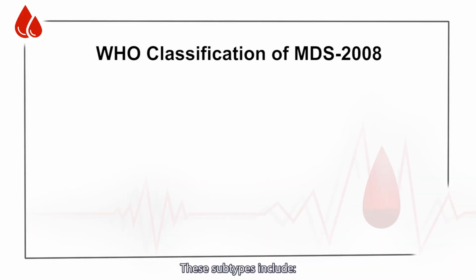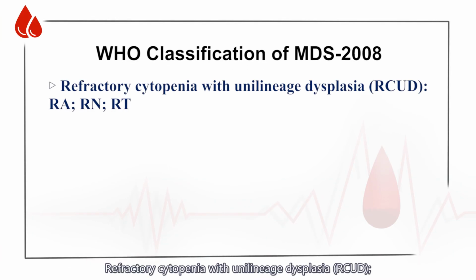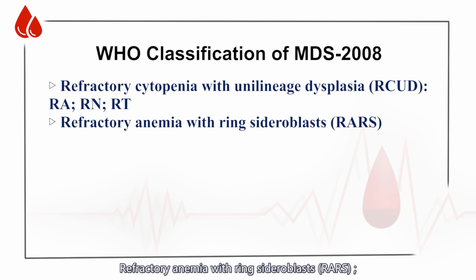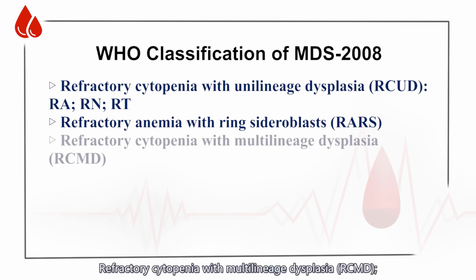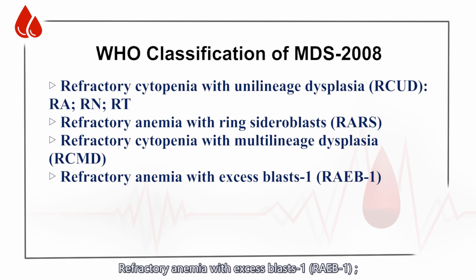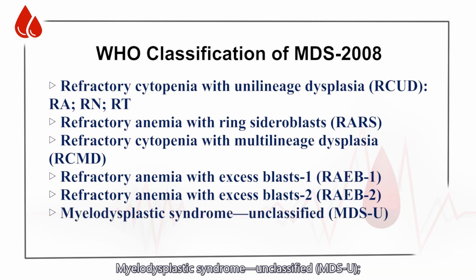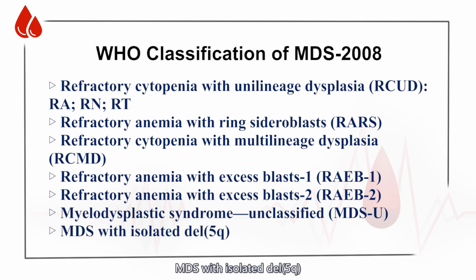These subtypes include refractory anemia with unilineage dysplasia, RCUD, refractory anemia with ring sideroblast, RARS, refractory cytopenia with multilineage dysplasia, RCMD, refractory anemia with excess blast 1, refractory anemia with excess blast 2, myelodysplastic syndrome unclassified, MDSU, and MDS with isolated del5q.